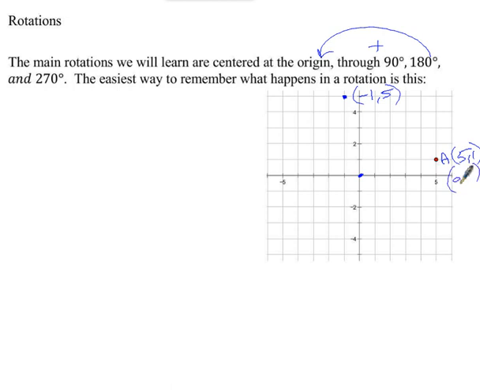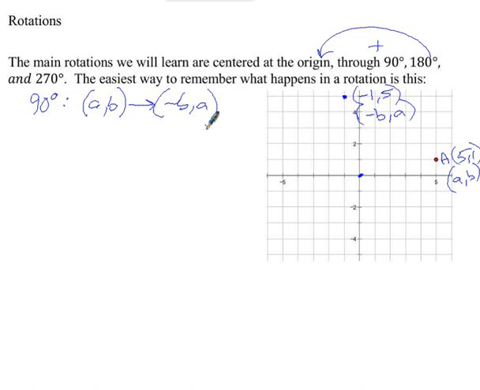So if I had A comma B instead of my actual coordinates there, it would be negative B comma A. So for 90 degrees, A comma B becomes negative B comma A. The coordinates switch places, and what was once y is now x, but the sign of it has changed.